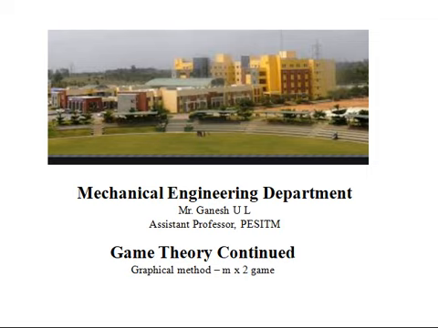In the last class, we discussed game theory. There we have already discussed the introduction of game theory. In the subsequent classes, we discussed how to solve for the value of the game if a particular payoff matrix is given, and how to find a saddle point, whether a saddle point exists or not.